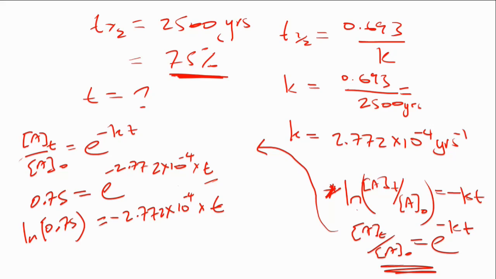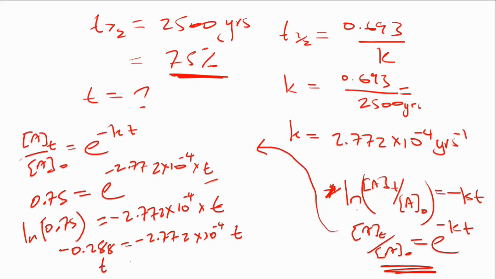It is minus 0.288, and that is equal to minus 2.772 times 10 to the minus 4 times t.